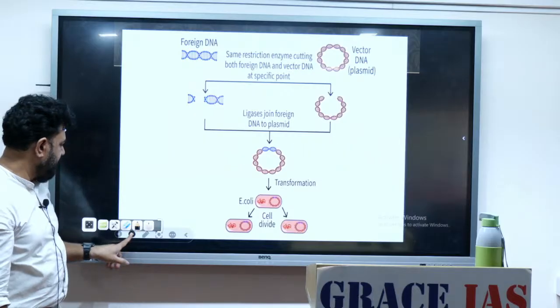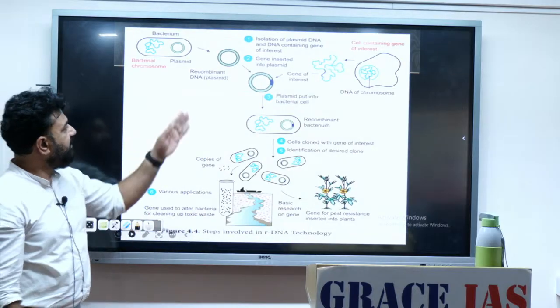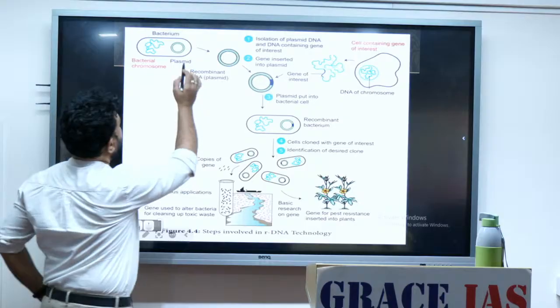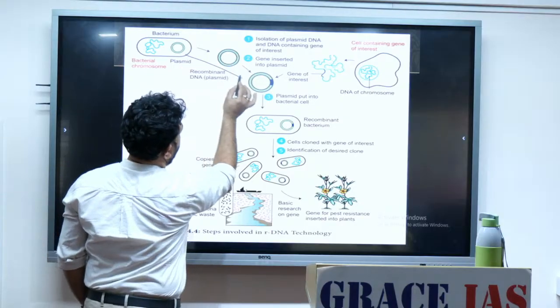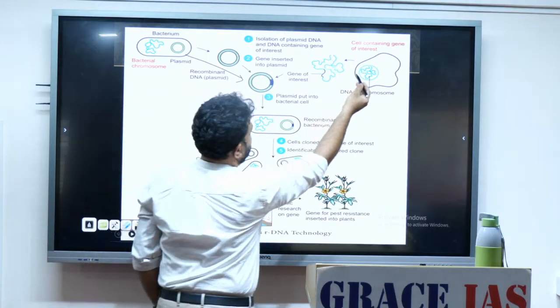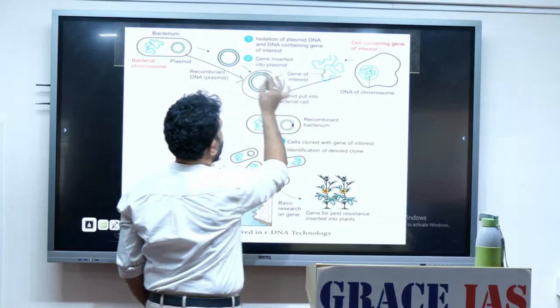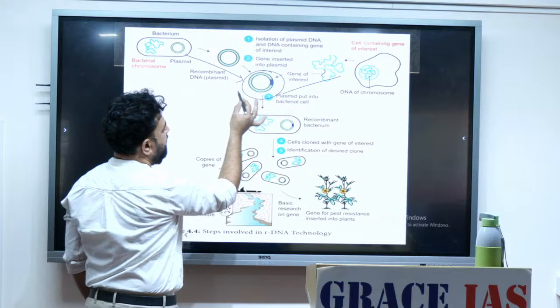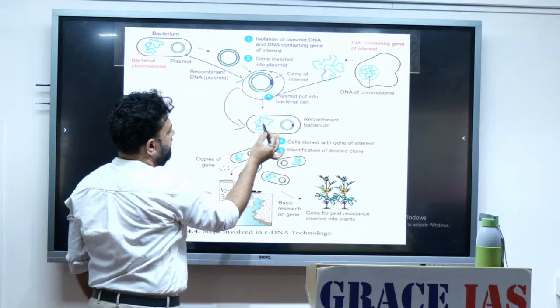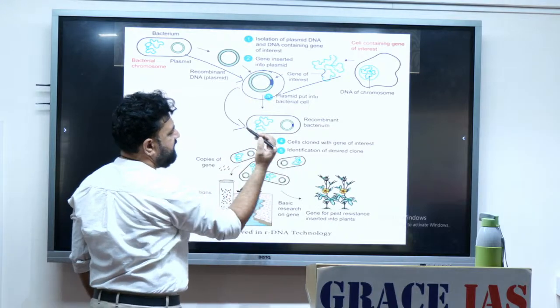You can have a look at that. We mentioned this earlier, if you remember. So the plasmid is used and the gene of interest is also separated, and both are combined, that becomes a recombinant DNA. This recombinant DNA is transferred into a bacterium so that you can multiply them into multiple copies.